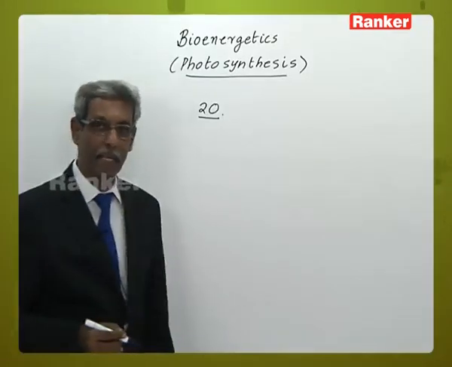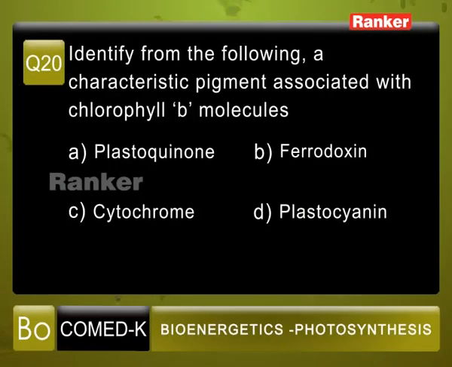We go to question number 20. Identify from the following a characteristic pigment associated with chlorophyll b molecules. A is plastoquinone, B is ferredoxin, C is cytochrome, D is plastocyanin.